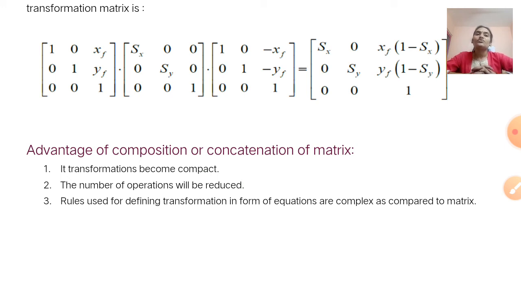So these are your 2D transformation matrix or 2D matrix representations. After that we will convert it into the 3x3 matrix or homogeneous coordinate system. Then we will discuss composition of matrices or composition of transformations.